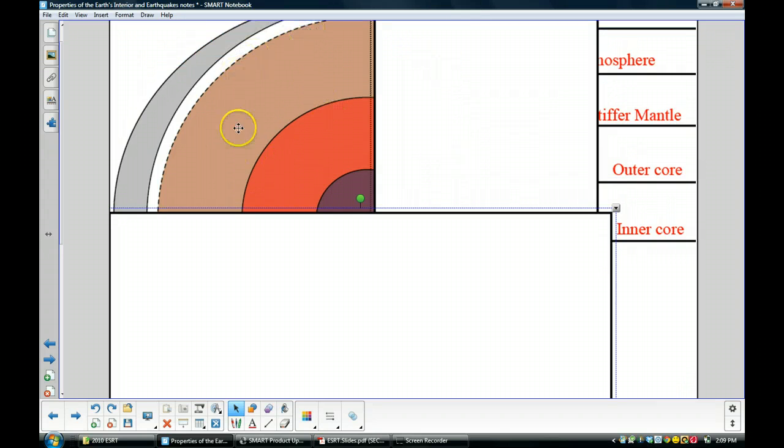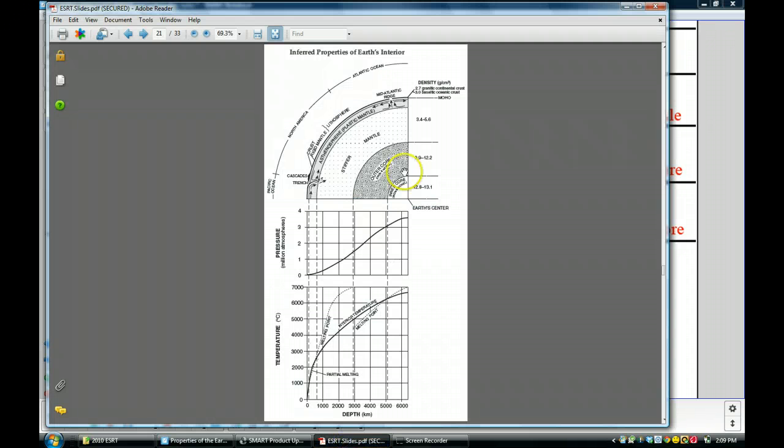This section is what you'll see on the reference table. Here's that section of the Earth from the outside going down into the center.